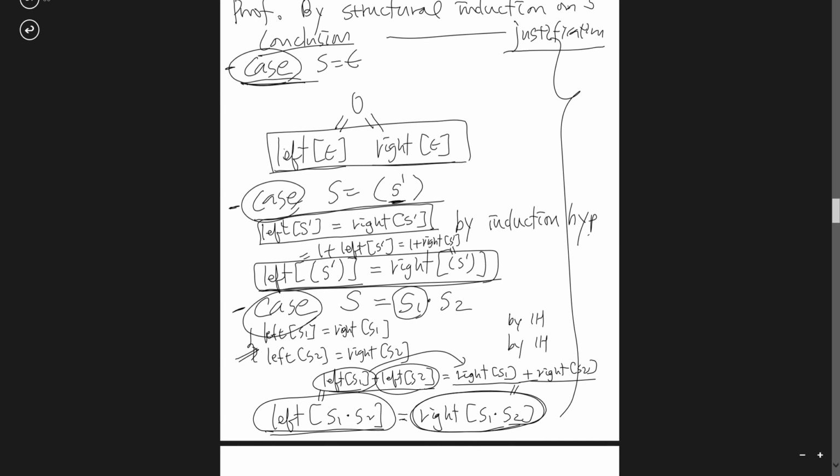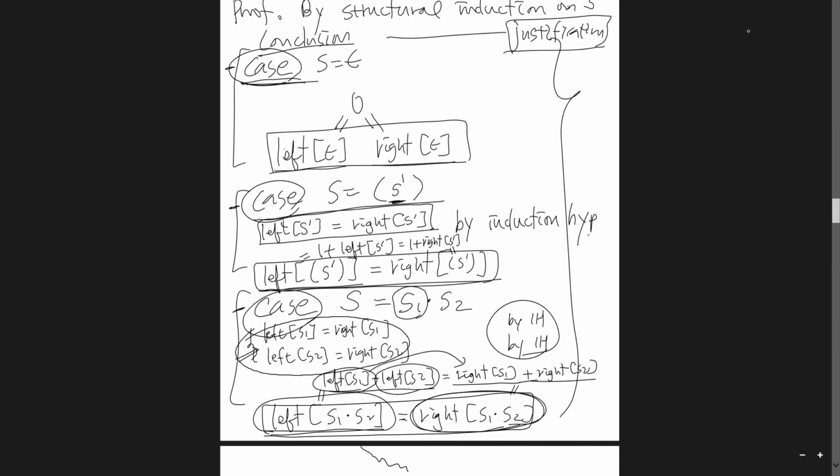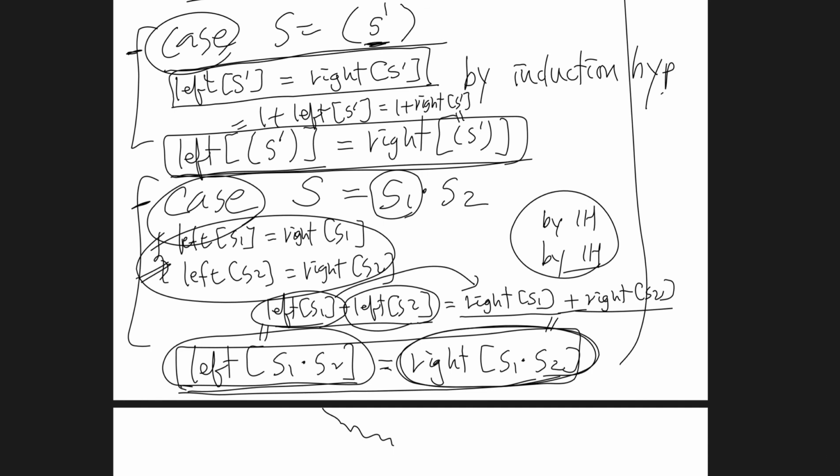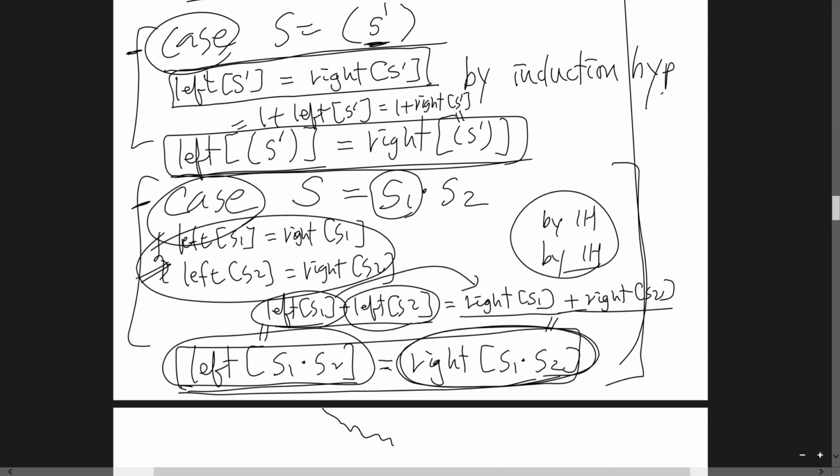Otherwise, it would be very hard to read your proof, because people want to see the conclusion first, and then, if they make sense of the conclusion, they would be interested in why that is the case by seeing the justification. For each individual case, you want to state the conclusion you want to prove first, and then introduce the induction hypothesis whenever possible. Structuring your proof this way will help you fill in the details, and you will not get lost. In this particular example, it's just a matter of finding this sequence of equalities. That's all.